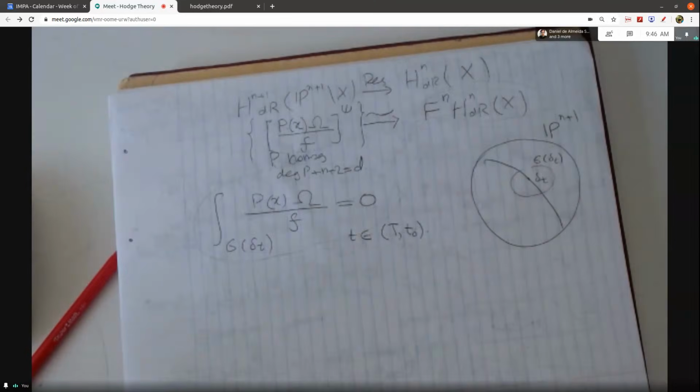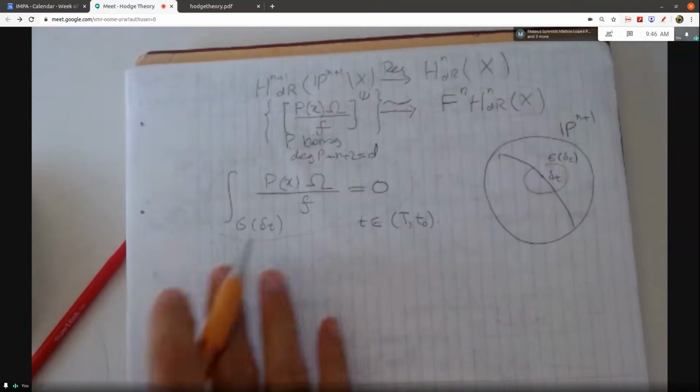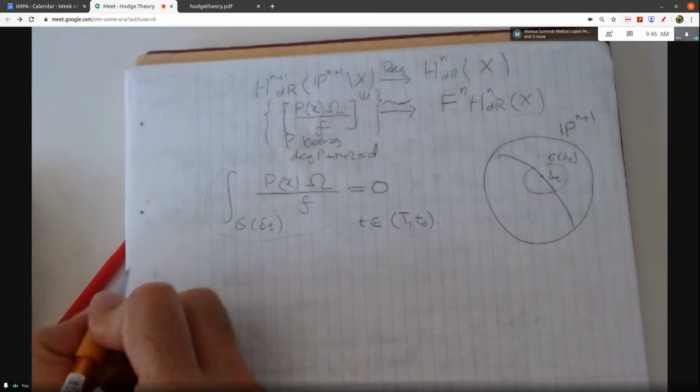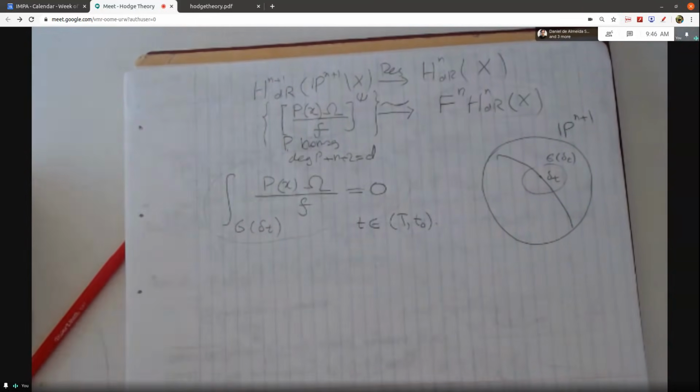He writes in the language of infinitesimal variation of Hodge structure, but using the language of integrals, it's possible to avoid this infinitesimal variation of Hodge structure. Okay, so we reach this: all these integrals are 0, and next comes another interesting part.